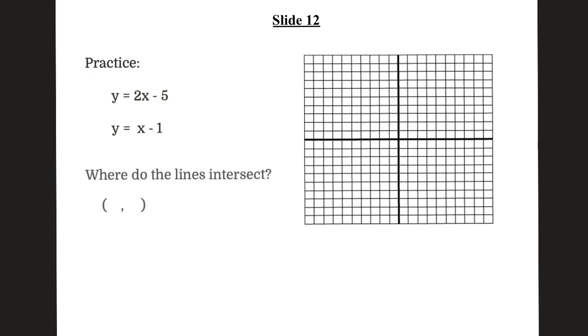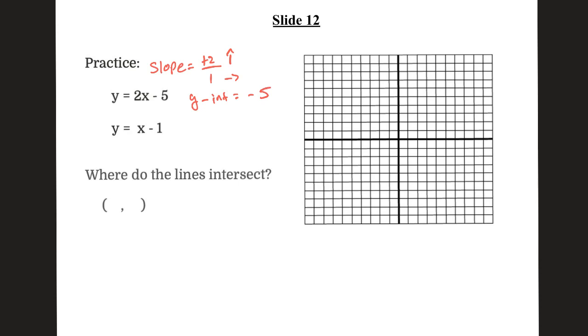All right, same thing with slide 12. I have a slope in my top equation of +2 over 1, which means I'm going to go up 2 and to the right 1. Then I have to do my y-intercept of -5.